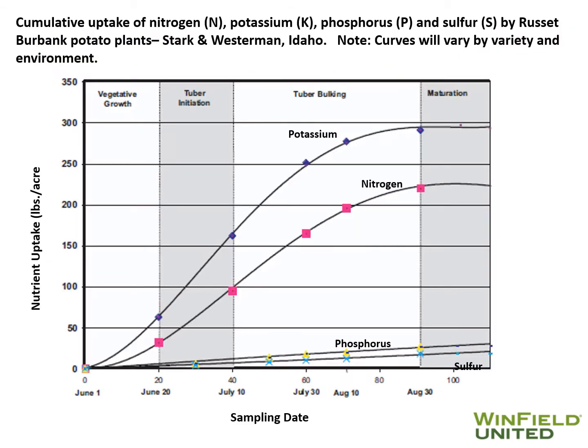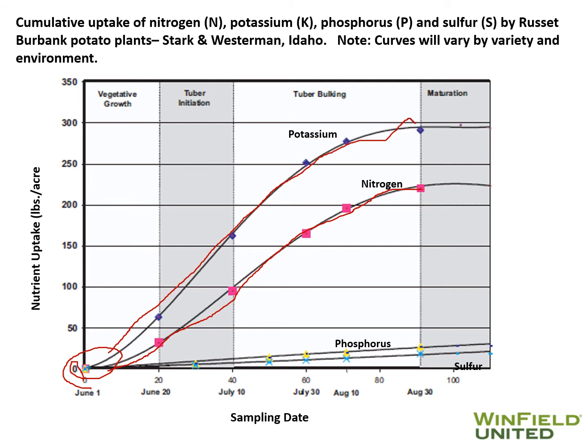Now the other thing that happens, and why we have to tissue sample, is you note here that at the beginning in June, we're not doing much at all as far as nutrient uptake. But then you see this sharp increase, and it continues to go up and up when you're talking about the nitrogen over the growing season. The same with the potassium as you follow it up.